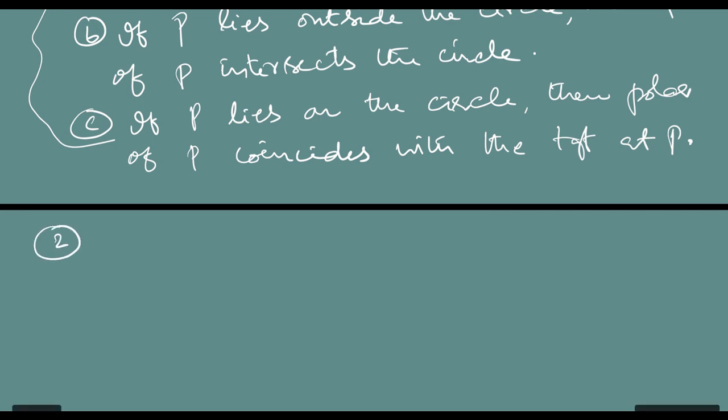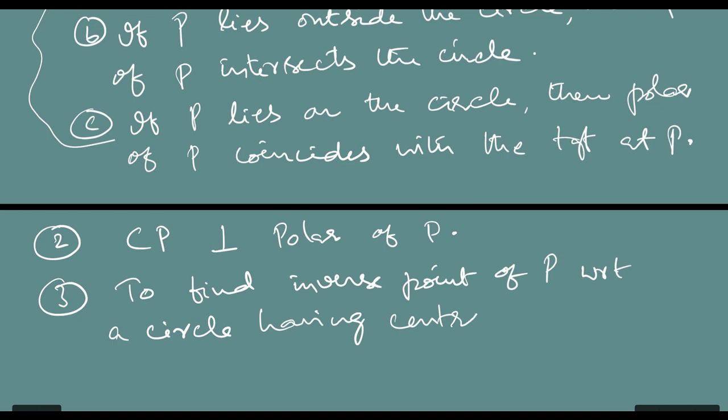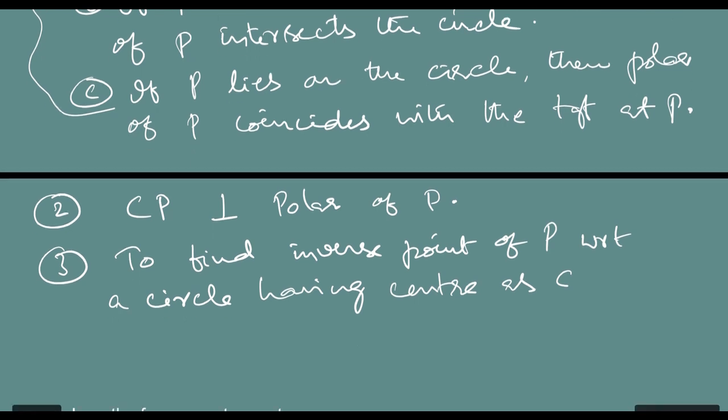The points are: CP is perpendicular to the polar of P. And the other point is to find the inverse point of P with respect to a circle C. Circle C means the center is also C. With respect to a circle having center C, which one will give us the inverse point?